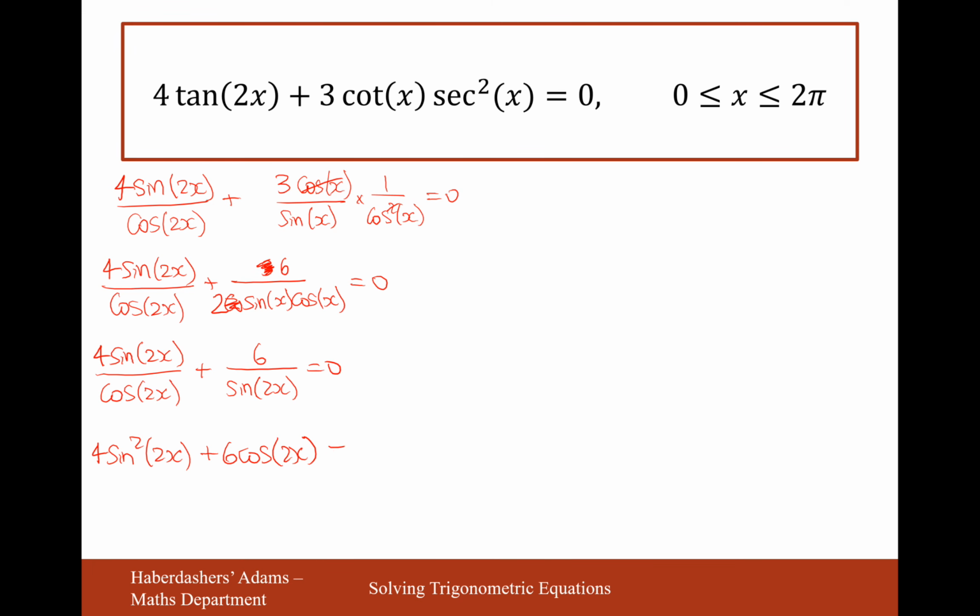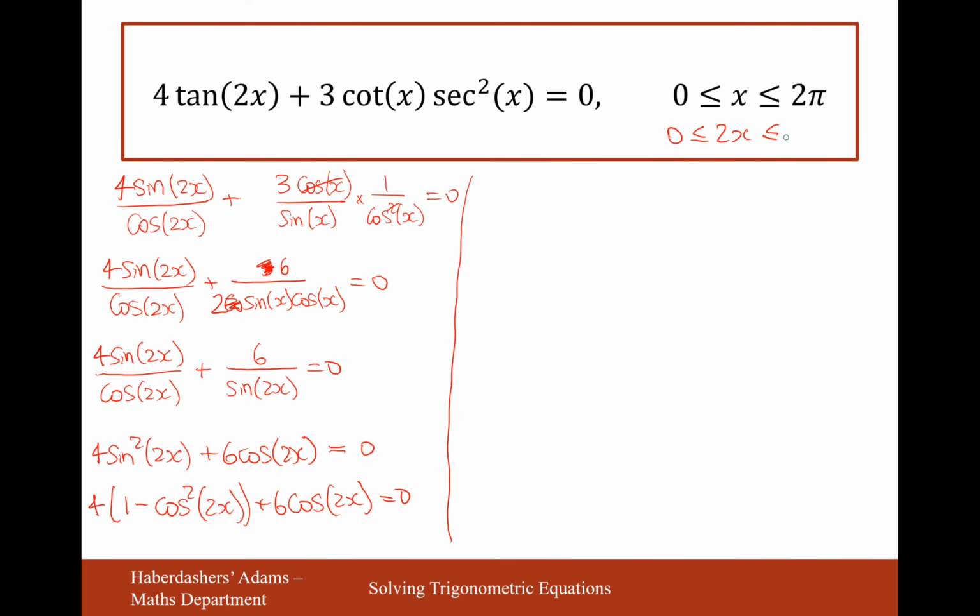So this thing will then equal 0, the numerator of this combined fraction. I've got sine squared with a cos, so I could turn that into 1 minus cos squared. And I think I'm now just going to solve this as a double angle question where I expand this from 0 to 2 pi to 0 to 4 pi.